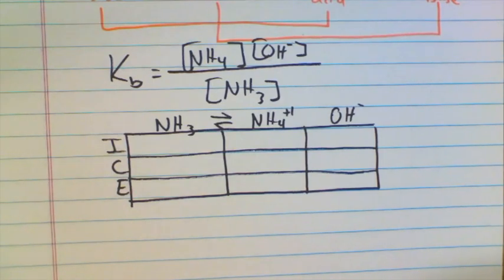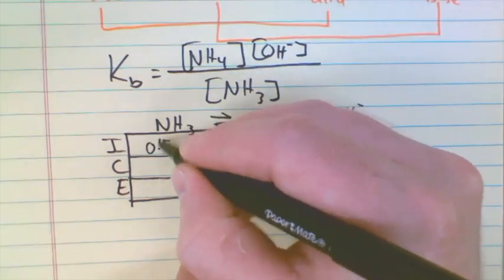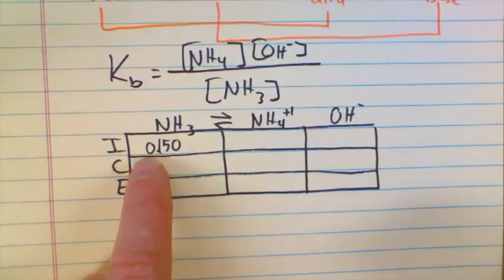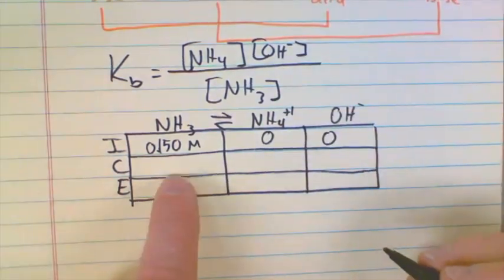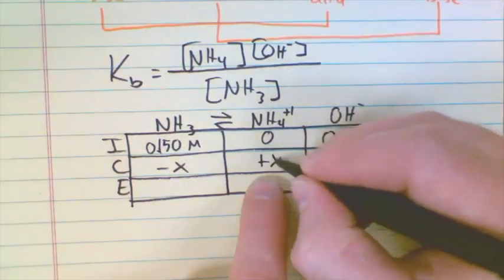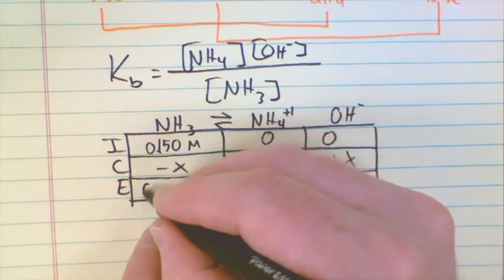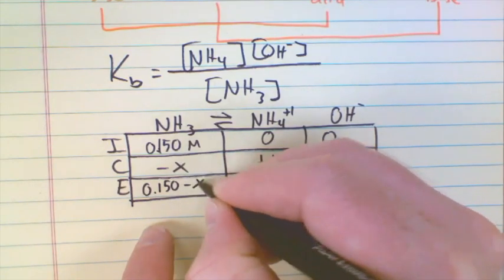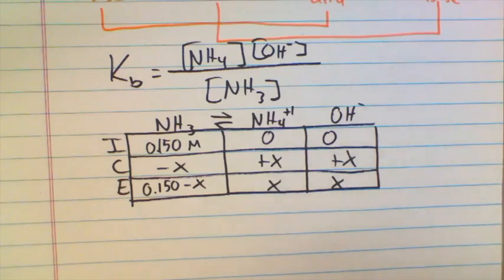Okay. What can we fill in? 0.150. And then what goes in here? Zeros. What's going to go here? Minus x. Plus x. Plus x. Yep, 0.150 minus x. And here? X and x. So we got our icebox filled in.